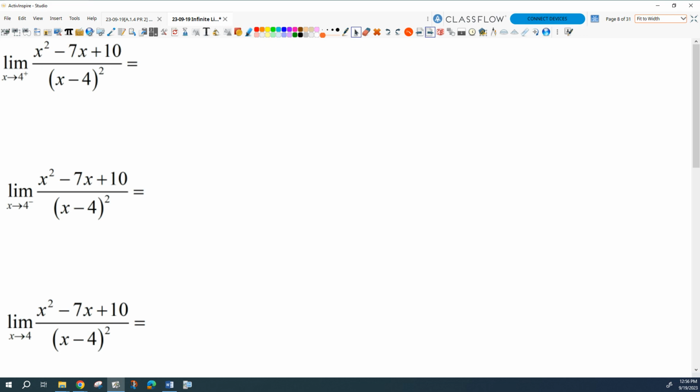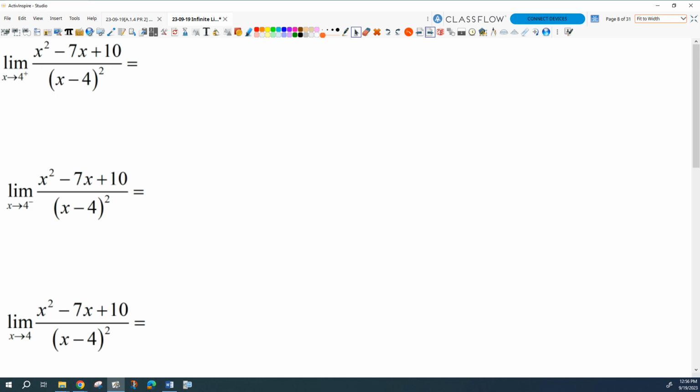Got 0 on the bottom, right? What do I get on the top? Do I get 0? I don't, do I? You guys are doing a bunch of math in your head here, but you don't. So I know I'm going to get a DNE kind of situation, but let's see if we have consistent behavior.